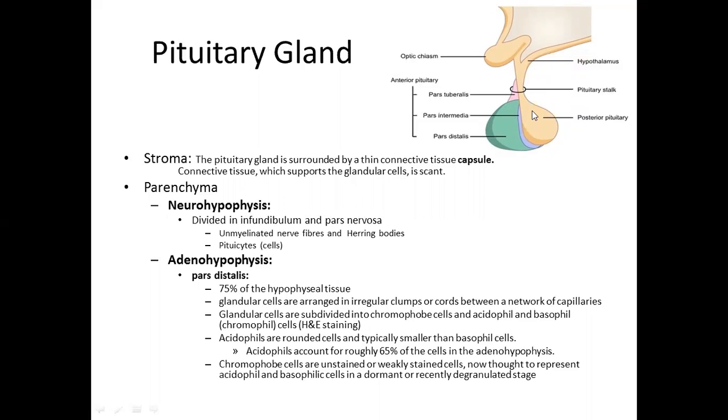So the posterior pituitary, or pars nervosa, is just a bundle of non-myelinated axons with some supportive cells termed pituicytes, and the nerve fibers have dilated endpoints which act as a temporary storage house for the hormones which are released here, not produced here but released here.